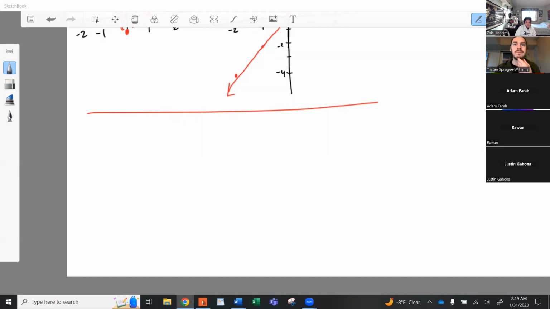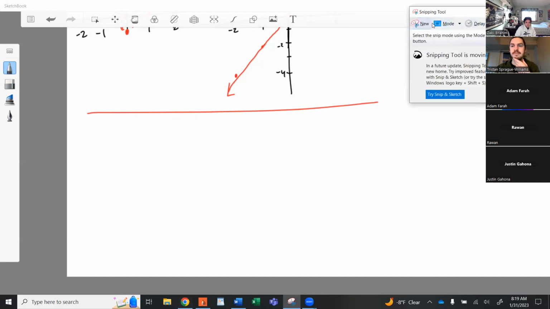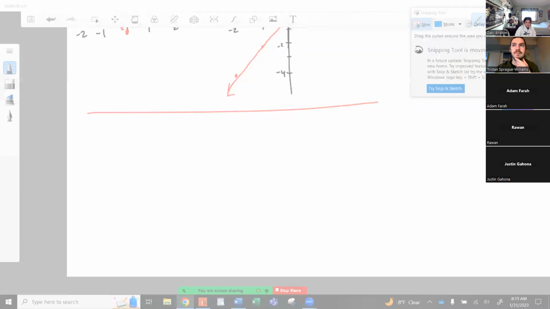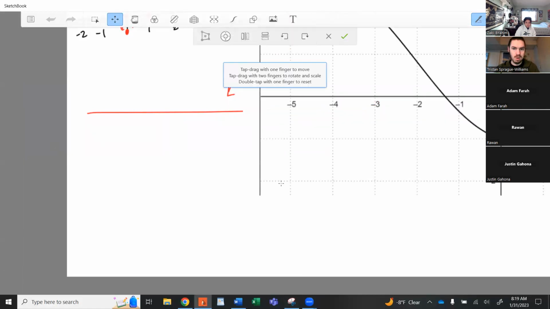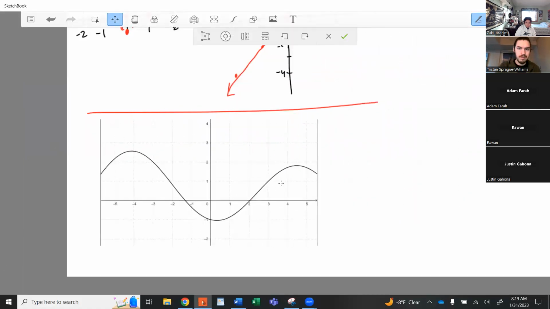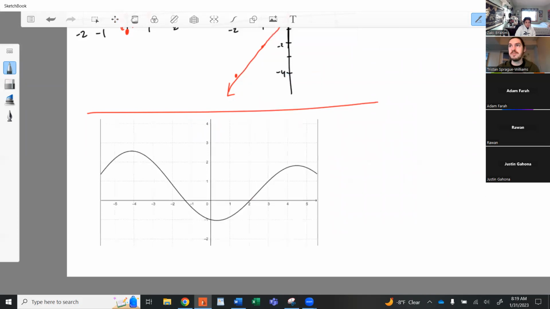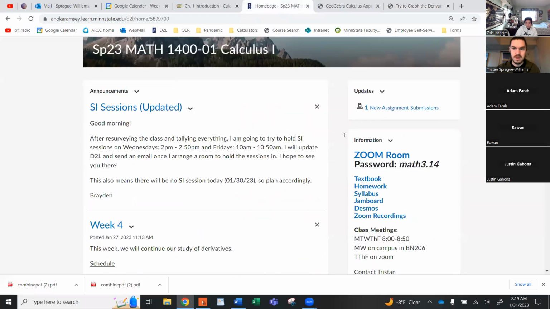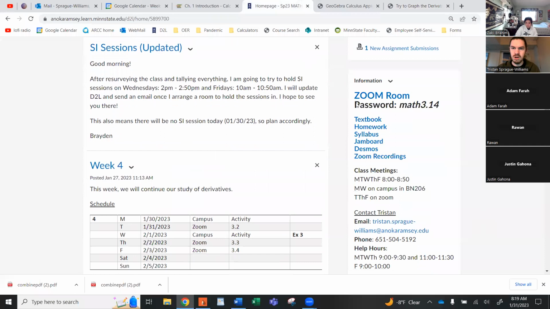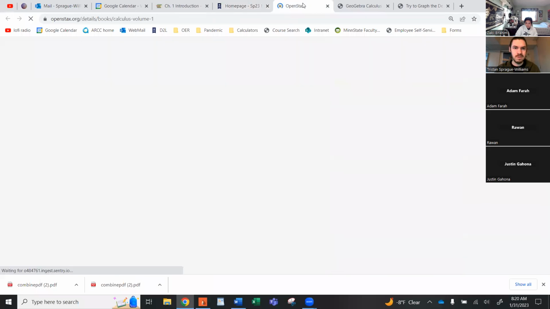Another question. Go ahead. How do you find the OpenStax textbook? It's a link. We have a link on the D2L page. I'll show you that too. Right here. See all this information widget? It's here all the time. It never goes away. It's after the Zoom room, it's the very first link. OpenStax.